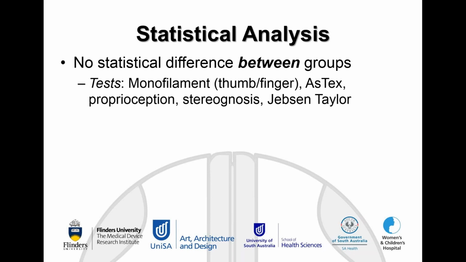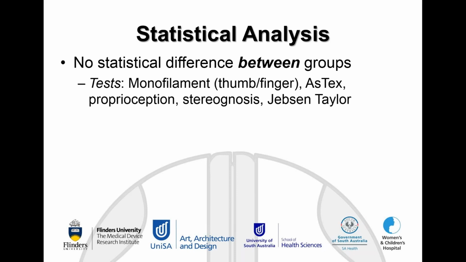The Aztec is a test of discrimination, so it has grooves that are of different widths and spaced differently. Proprioception is with the thumb. Stereognosis is asking the child to identify an object when it's placed in their hand and they have a blindfold on, so they manipulate it in their hand and tell you that it's a matchbox car or a paperclip or a pen. And the Jebsen-Taylor test of hand function is a measure of motor function and hand performance using a series of timed tasks.